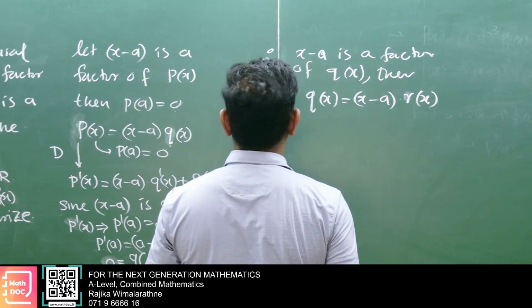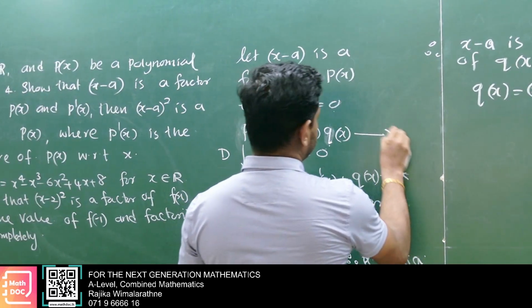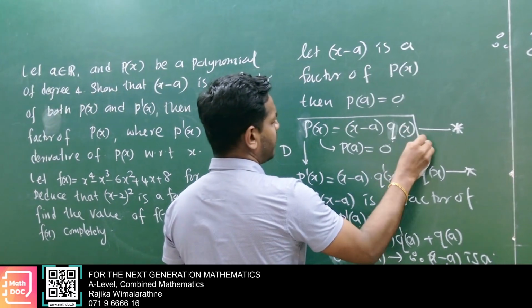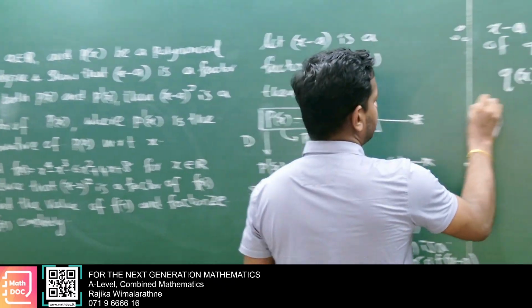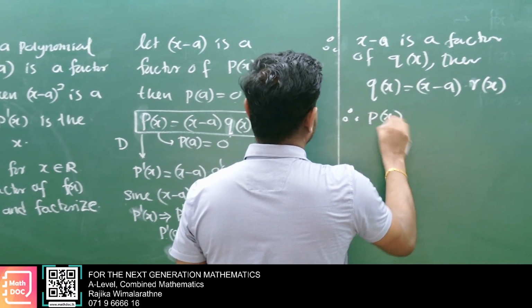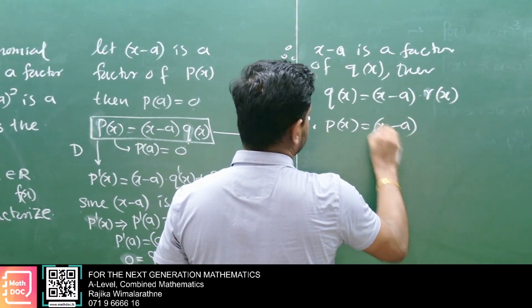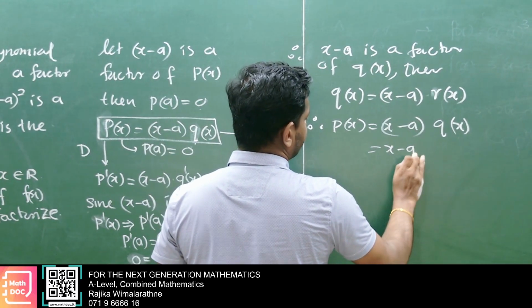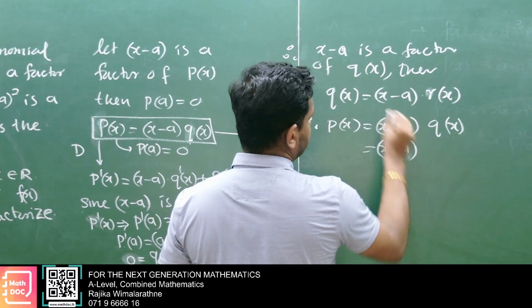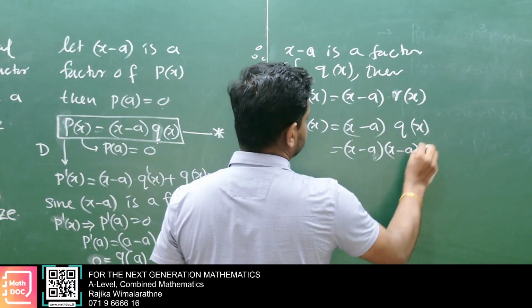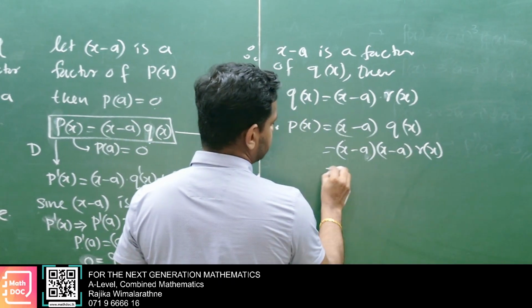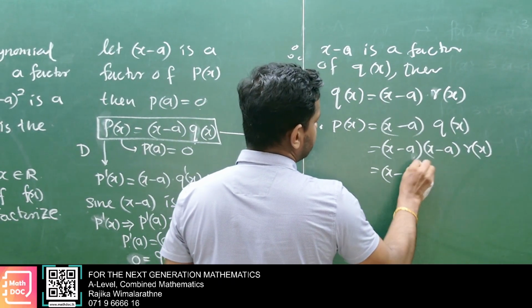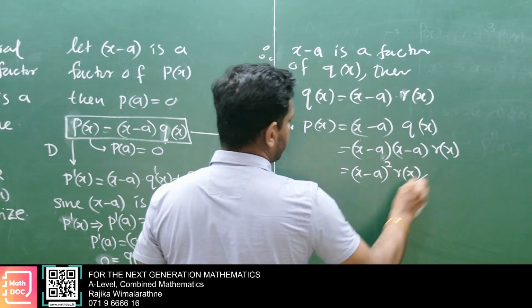Previously p(x) equals (x minus a) q(x), so p(x) equals (x minus a) times (x minus a) r(x), which is (x minus a) squared times r(x).